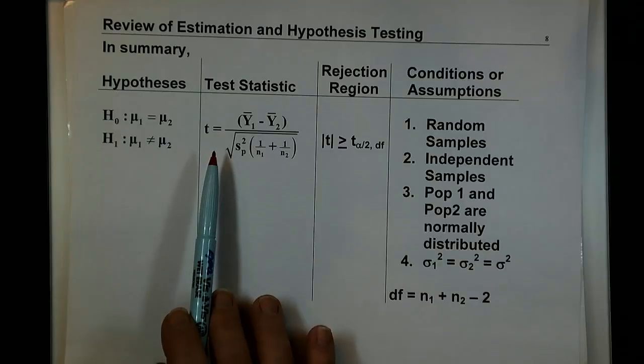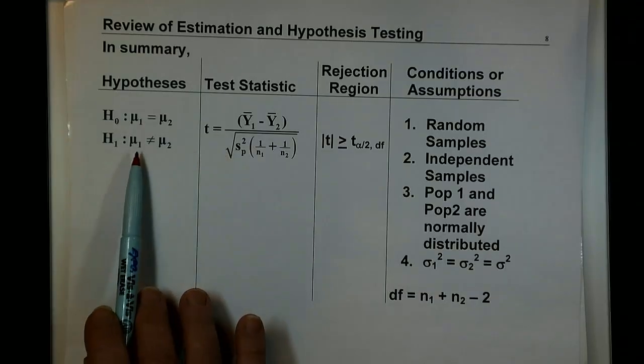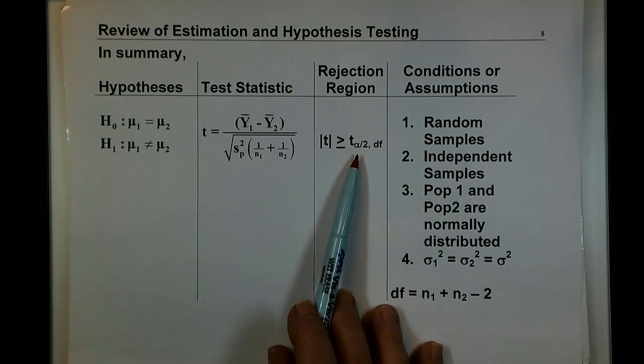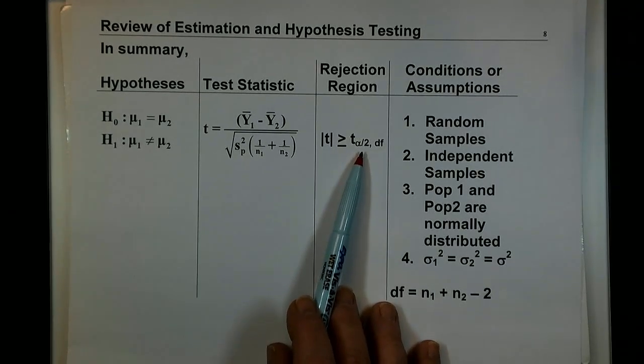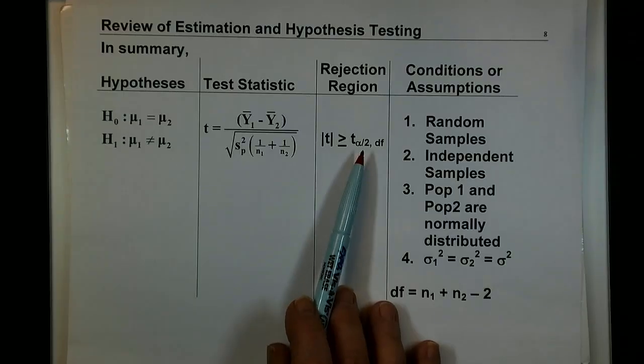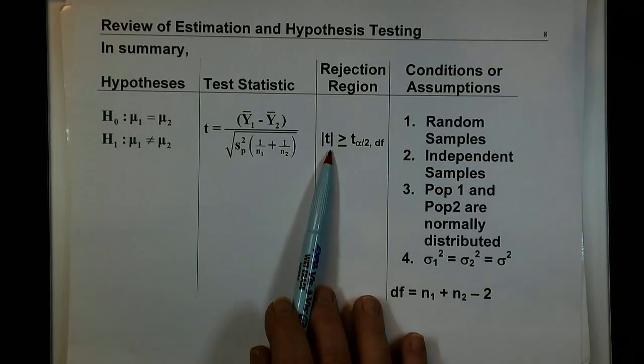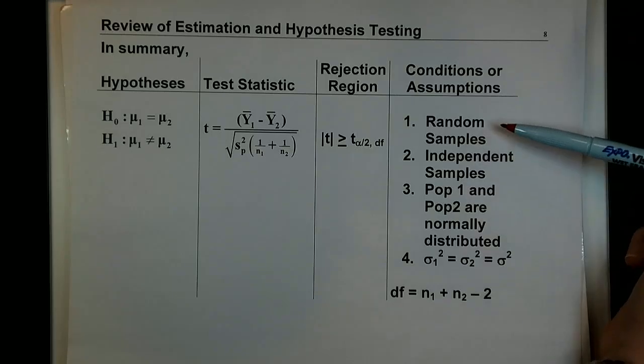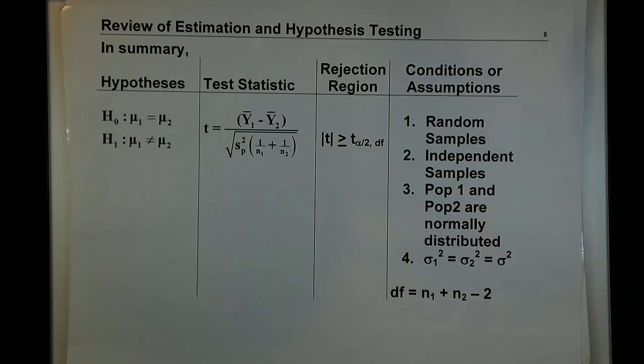If this test statistic is extreme, then that would support the alternative hypothesis. So extreme is one that is into the tails of the distribution, either to the right or the left. That's why we're taking the absolute value. The conditions or assumptions we're operating under are these.